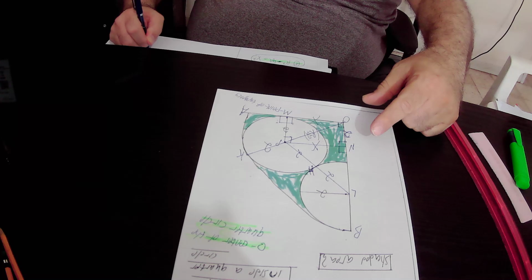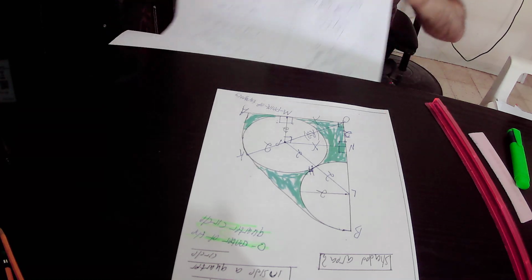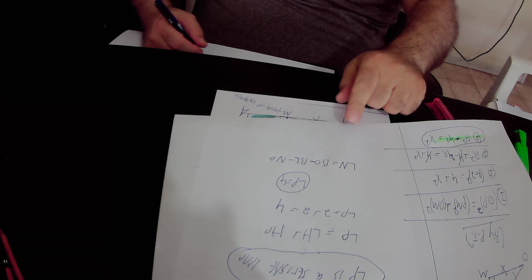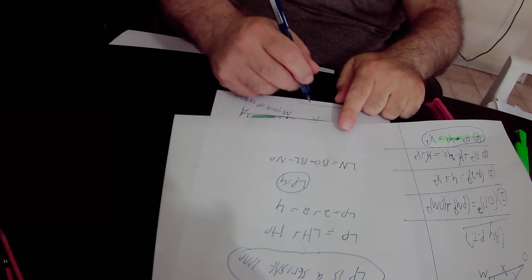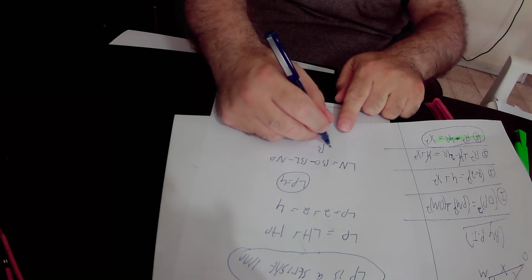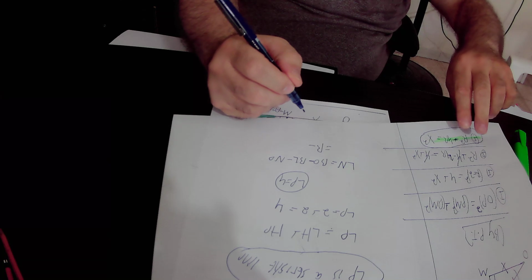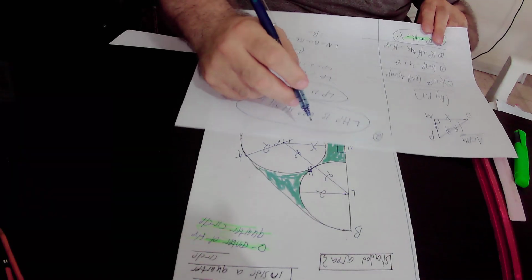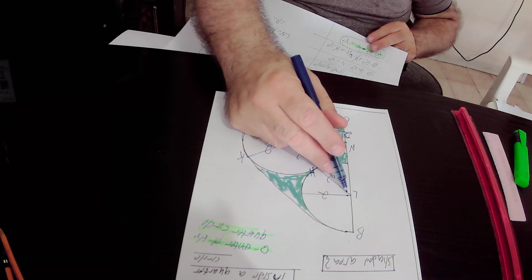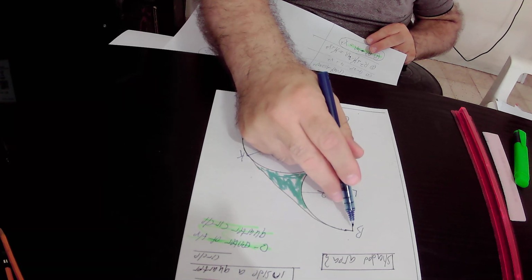I'll repeat again: LN equals BO, that is the radius of the quarter circle, equal to capital R according to our definition, minus BL. Point L is the center of the semicircle and point B is a point on the semicircle itself.